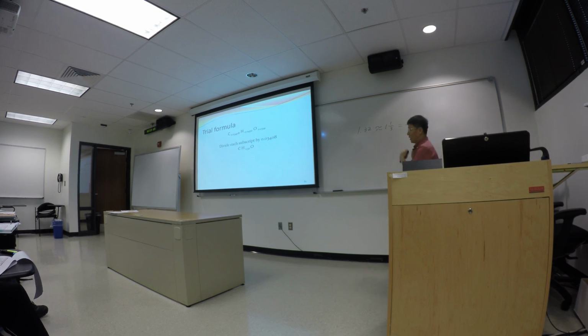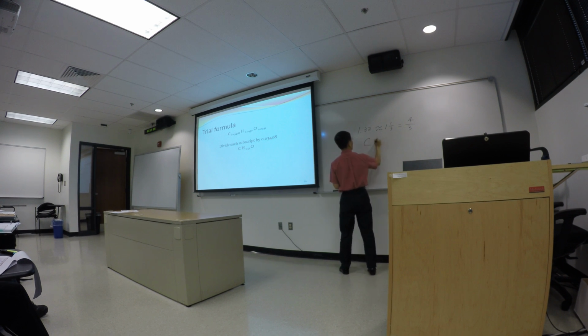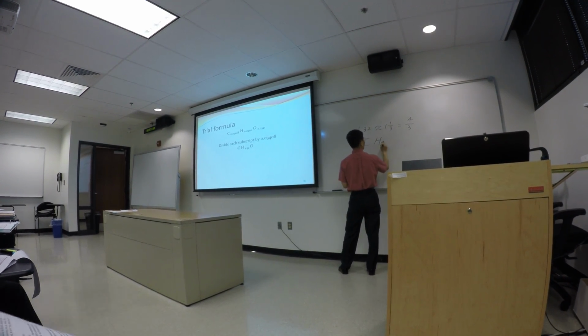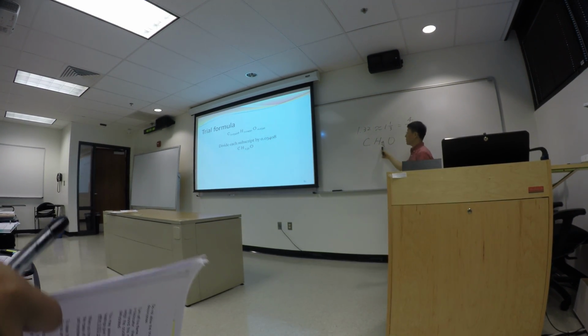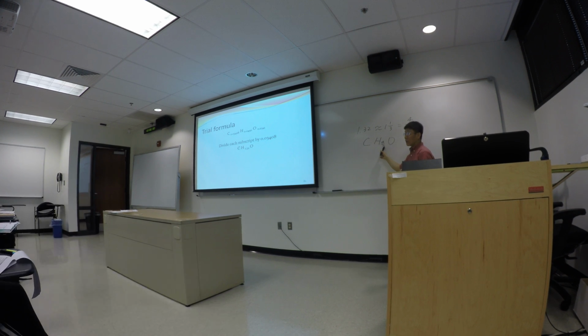So that's one approach. If 1.32 is equivalent to 4/3, then our formula would be carbon, hydrogen 4/3, oxygen. We don't like fractions, so we multiply everything by the denominator, 3. That will give you carbon 3, hydrogen 4, oxygen 3, if you know your numbers well.